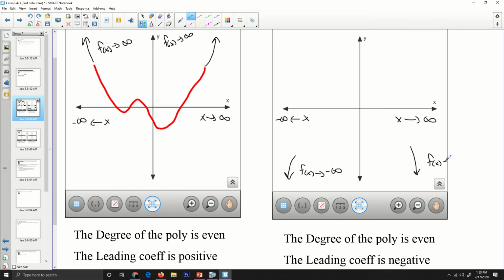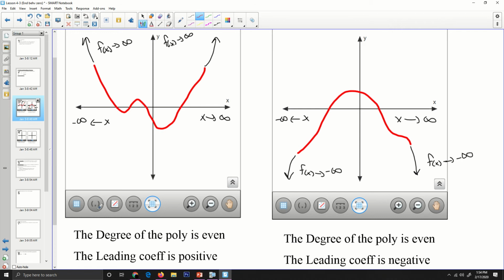So just something that we can talk about here is that if the degree is even, the end behavior is going to be in the same direction for both as x goes to negative infinity and as x goes to positive infinity. Again, we cannot say a whole lot about what happens to the function near the origin. All we can really talk about is the end behavior.